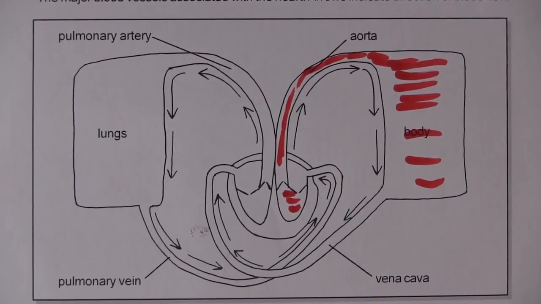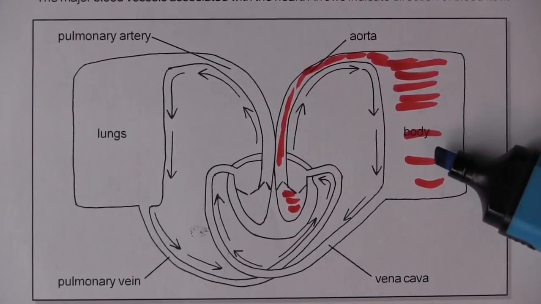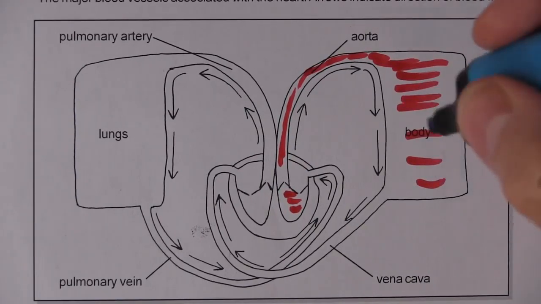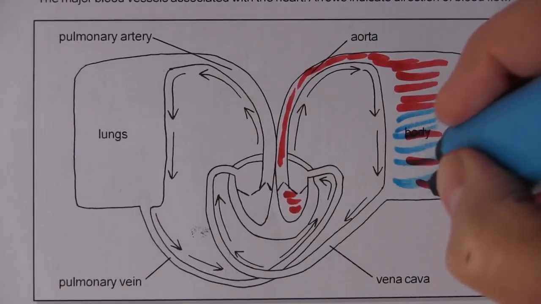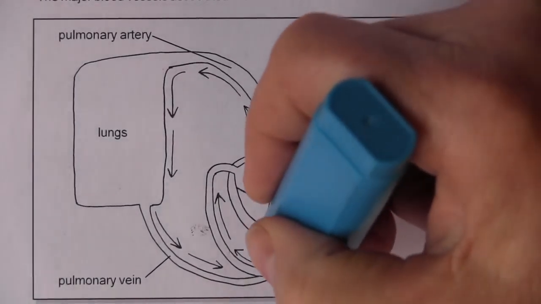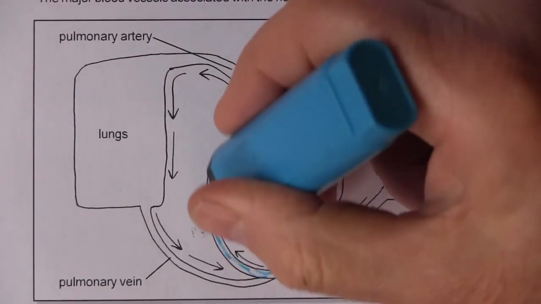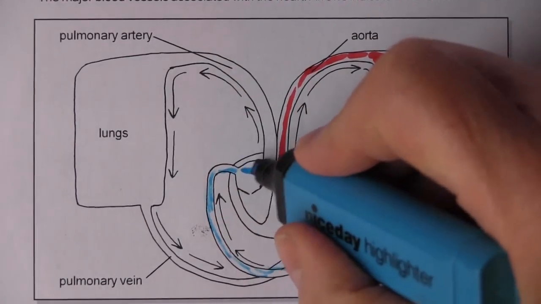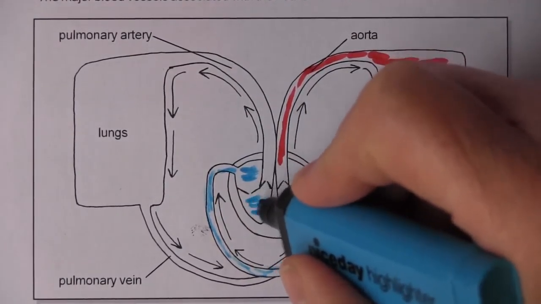That includes the brain, the big toe, the kidney, the liver, the gastrointestinal tract, everything. Blood is deoxygenated, collects carbon dioxide, goes back via the systemic veins to the inferior and superior vena cava, into the right atrium, through to the right ventricle, out to the lungs.